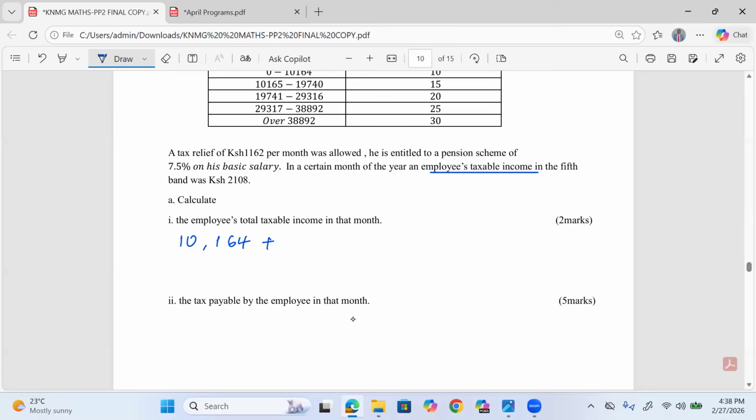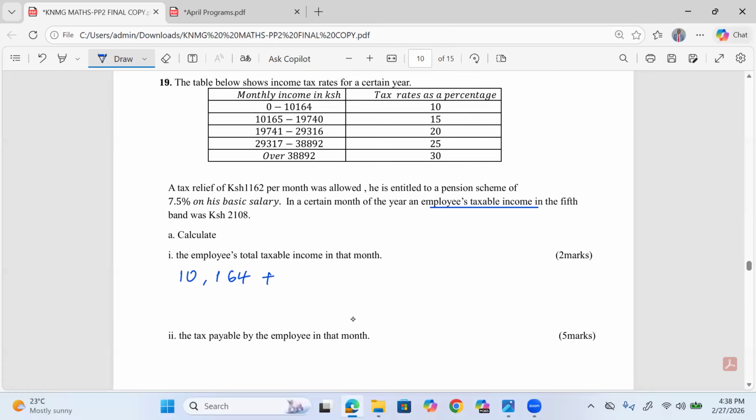In the second band, we take the upper limit, which is 19,740, and we subtract the upper limit of the previous band, 10,164. This gives us 9576.